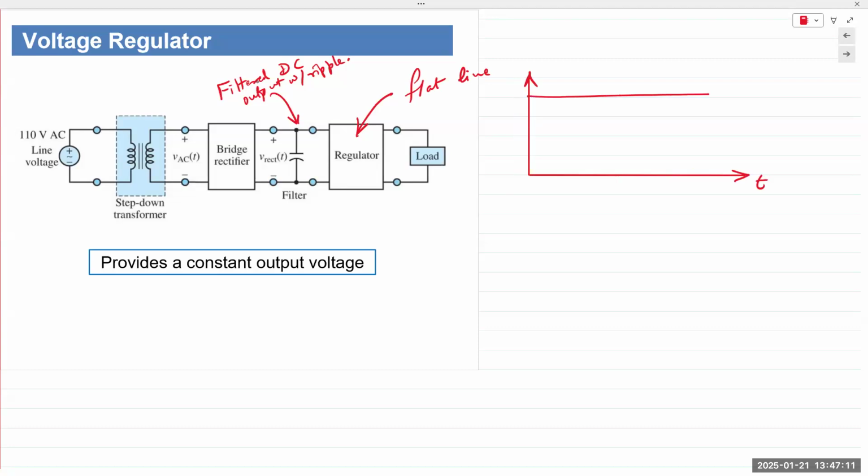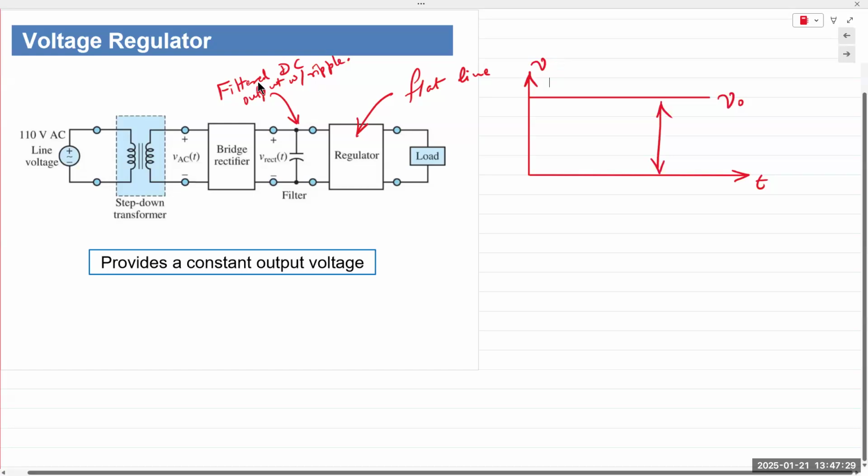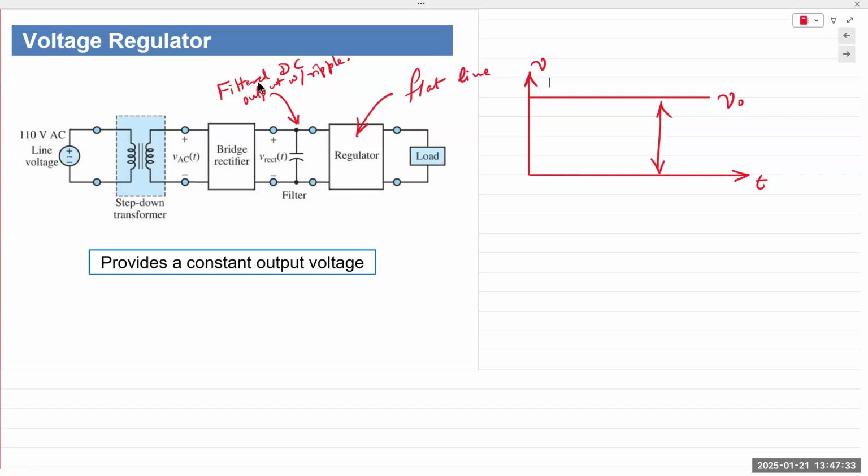It'd be something like this. And that would indicate it's a DC signal. V out, level, voltage. And by far, the most common, the cheapest and the most effective device to do that is a Zener diode.